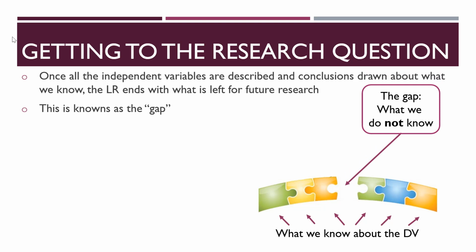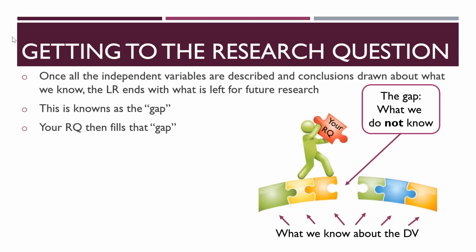So at the end, we summarize and say, this is what we know. We know maybe poverty, maybe substance abuse is related to intergenerational abuse, but something is missing. Then your research question fills that gap.